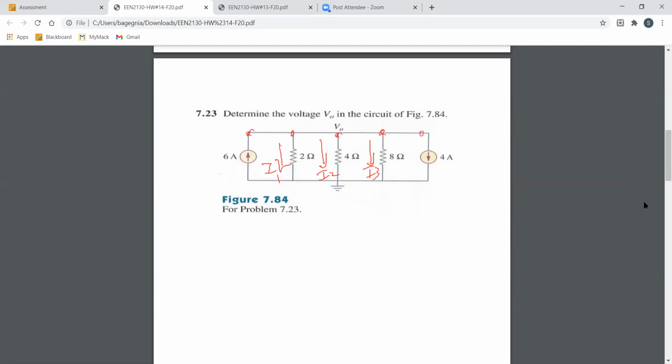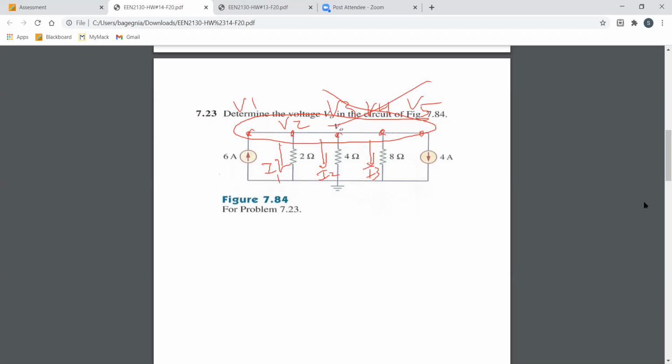Isn't the top one whole one? Yes. The reason that I did this is because sometimes students think that these are different nodes, so they give V1, V2, V3, V4, V5. If you do that, you spend an hour, 2 hours, and you will never solve this problem. So that's why I just pretend that this is a different node.